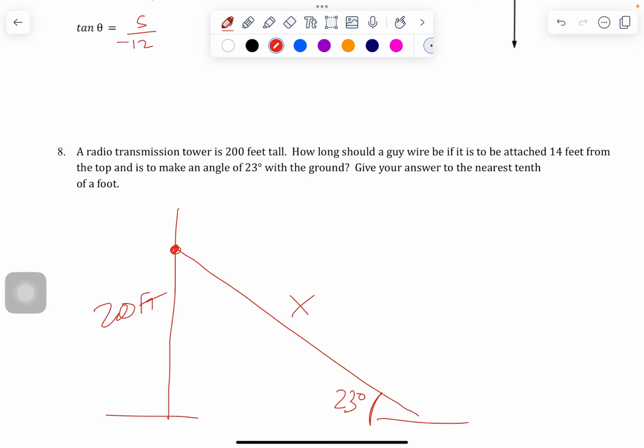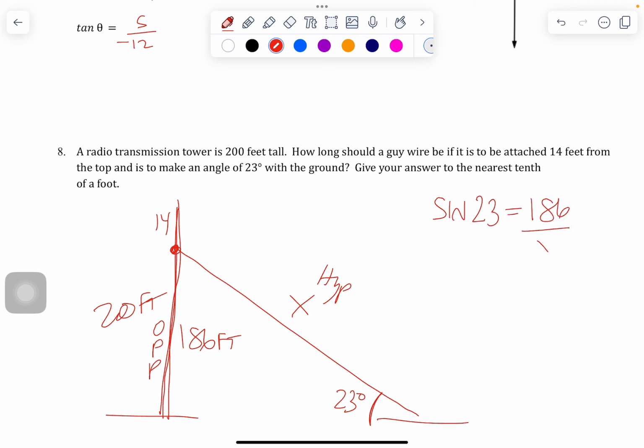Many of us that got this incorrect used the 200 as the height of that triangle, when in reality, that wire was attached 14 feet below the top of the tower, which means we would rather use 186 feet. That would be the opposite side, and this would be the hypotenuse, which tells us we're using sine of 23 equals opposite 186 over hypotenuse x.